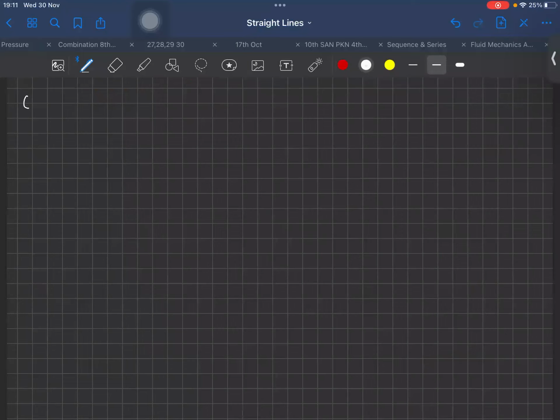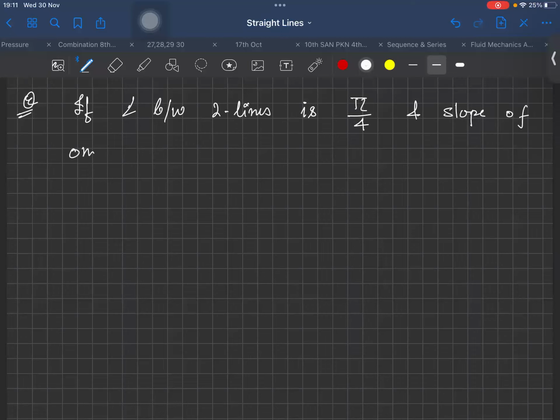Write down the question. If the angle between two lines is pi by 4, in radian it is given, okay? And slope of one of the lines is 1 by 2.